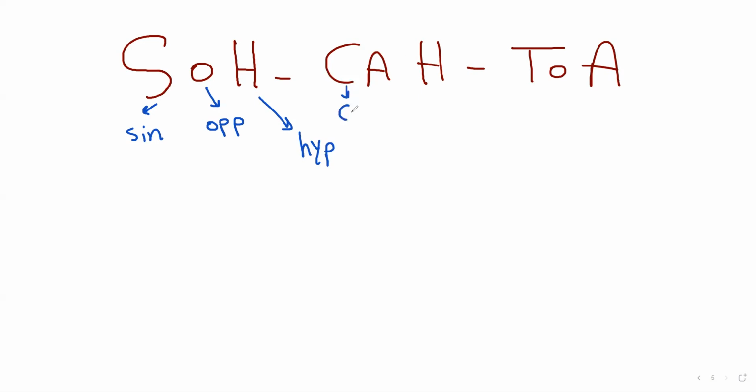C stands for cosine, A for adjacent, and H is the hypotenuse. T stands for tan, O is the opposite and A is the adjacent. So sine is opposite over hypotenuse, cosine is adjacent over hypotenuse, tan is opposite over adjacent.